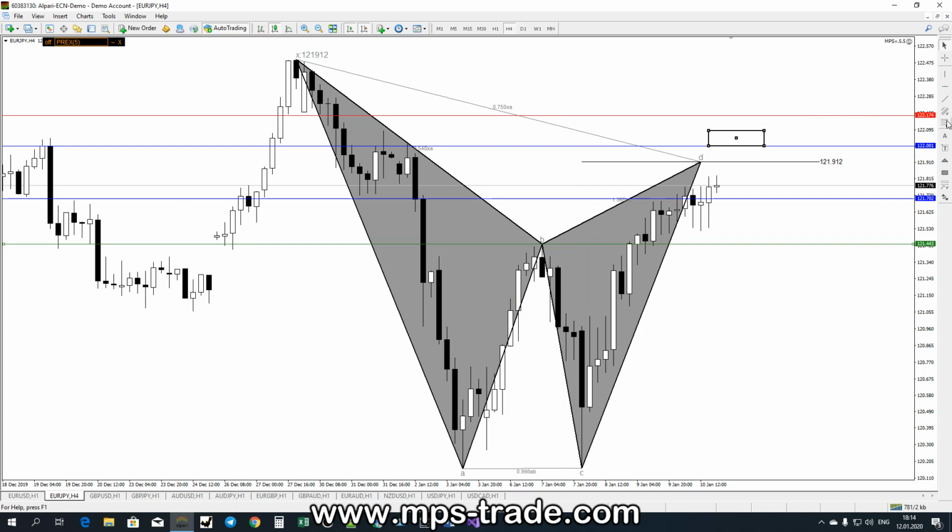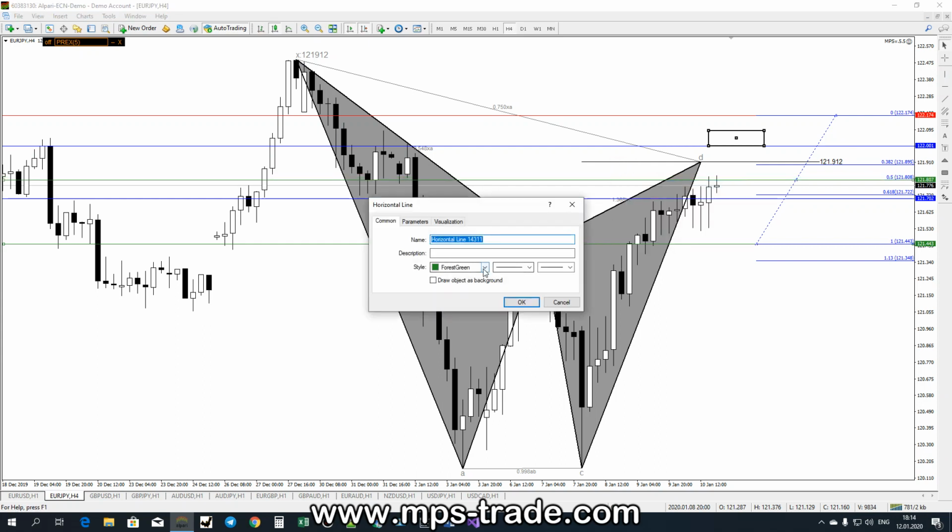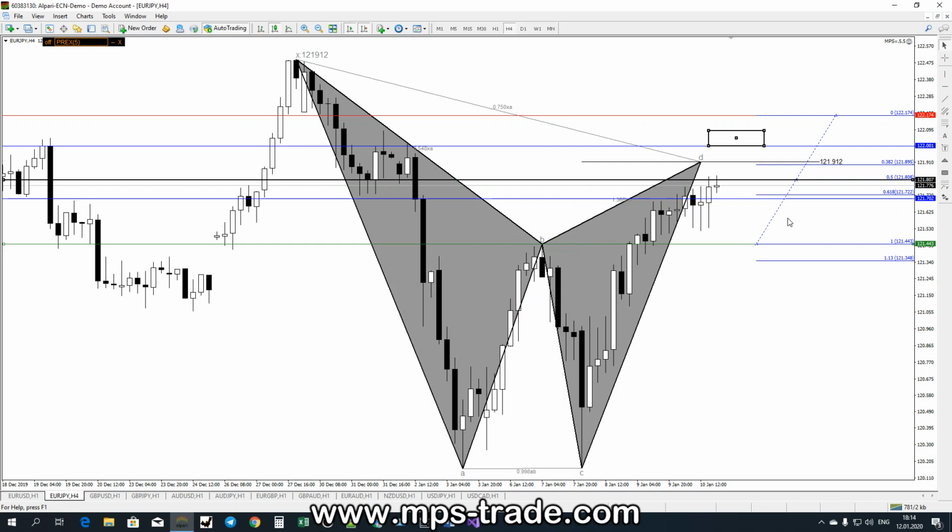Now if we do some calculation, yes, we should have some 50% probably, and then we can draw our line that maybe should be black, and this line tells us that you should not sell below this line, otherwise you won't have favorable risk to reward. So this is our limit line.